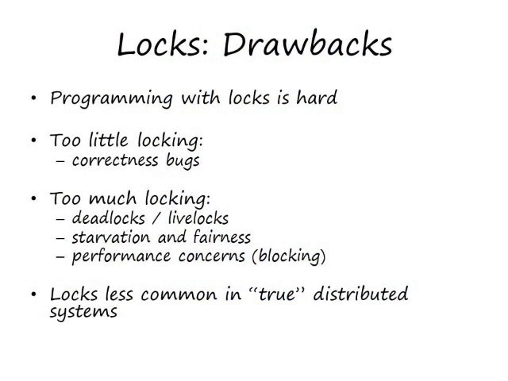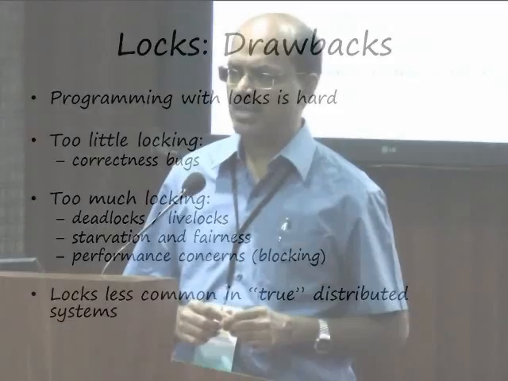Okay, so now there are, however, some drawbacks with locks. First, programming with locks in general is hard, and there are challenges with respect to both safety as well as progress that locks pose. If you use too little locking, you can introduce correctness bugs.